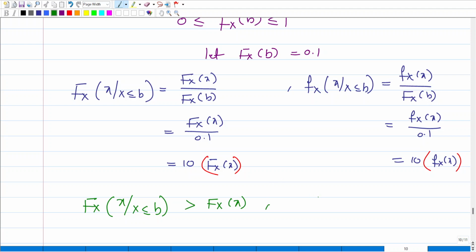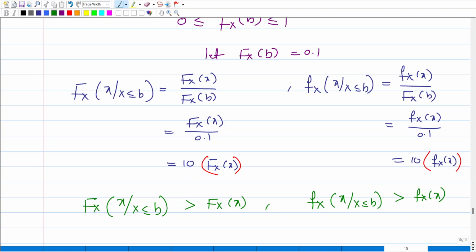Similarly, the conditional density function is also greater than small fx of x. So in this example, the conditional density function is 10 times greater than the individual density function. This conclusion is very important.